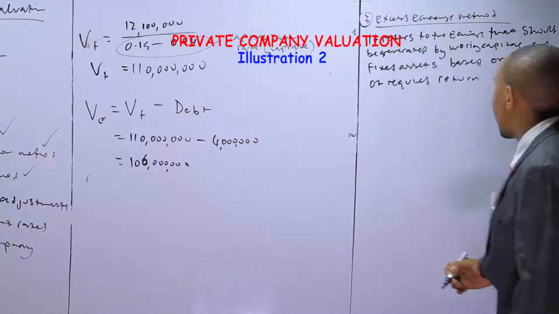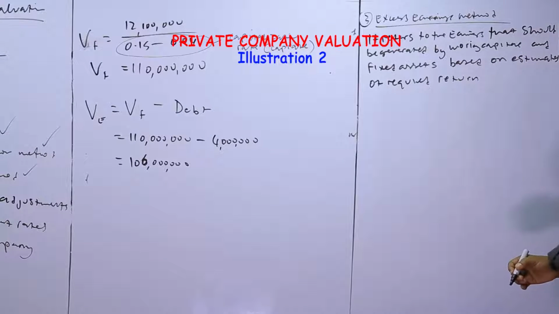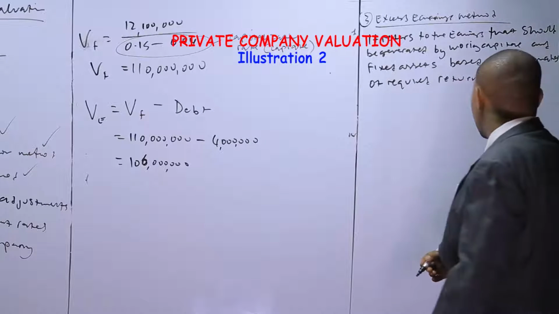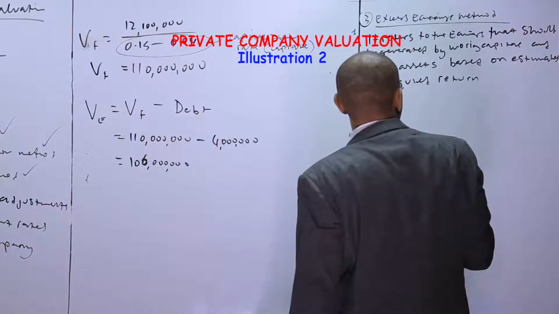That is, it refers to the earnings that should be generated by working capital and fixed assets based on estimates of the component of required return.